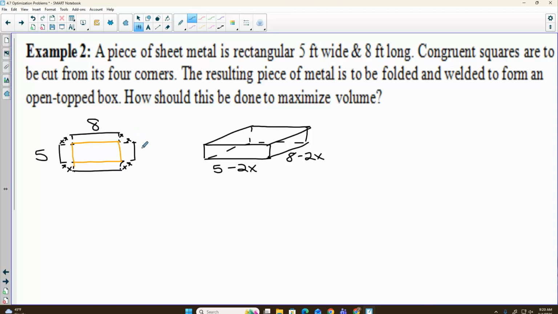When I folded, these tabs were folded up. How tall is that tab? X. This tab right here, that's the height. So that's x. So that's our box.